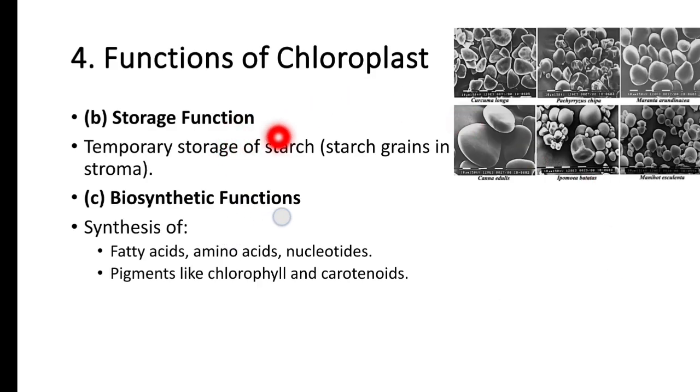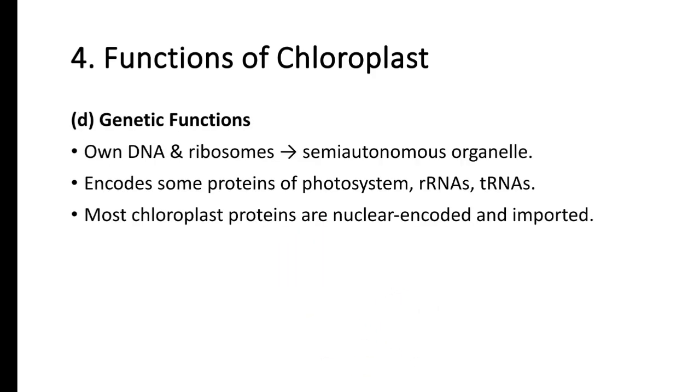It also acts as storage vesicles, with temporary storage of starch grains in the structures of the chloroplast. It is also involved in the biosynthesis of fatty acids, amino acids, nucleic acids, and the major thing is pigments: chlorophyll and carotenoids are all produced in the chloroplast.